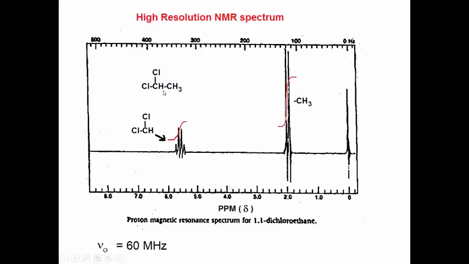Now the methine hydrogen as a signal proton is going to be influenced by the neighboring CH3 hydrogens. The neighboring CH3 hydrogens are going to magnetically influence the methine hydrogen, causing it to be split into a multiplet of 4 peaks.